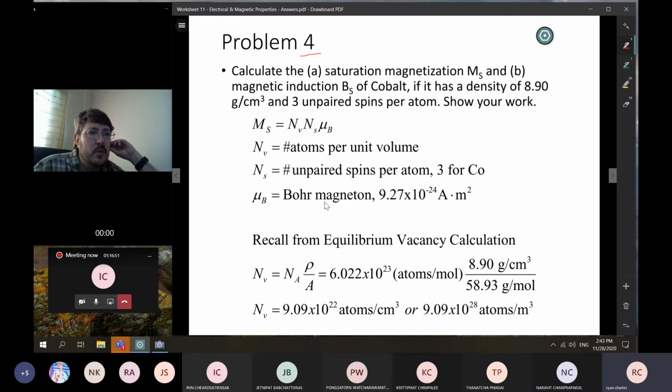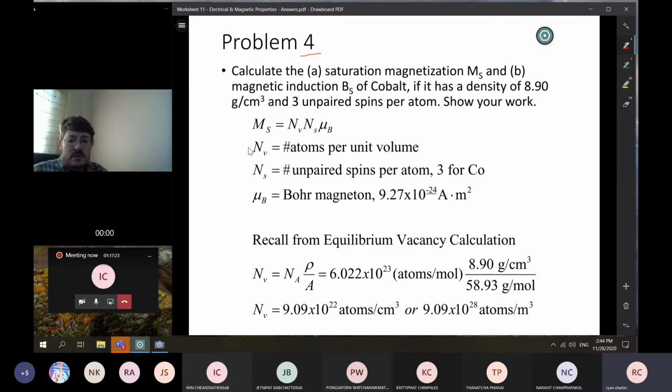Mu sub B is the Bohr magneton, a constant, 9.27 times 10 to the minus 24 amps per meter squared. We know N sub S is 3 and mu B is a constant, so we need to know the number of atoms per unit volume, N sub V. Some of you just copied the number right from the slides, which was for iron.